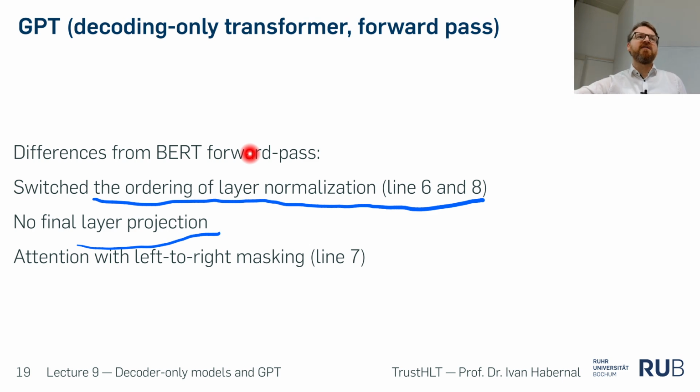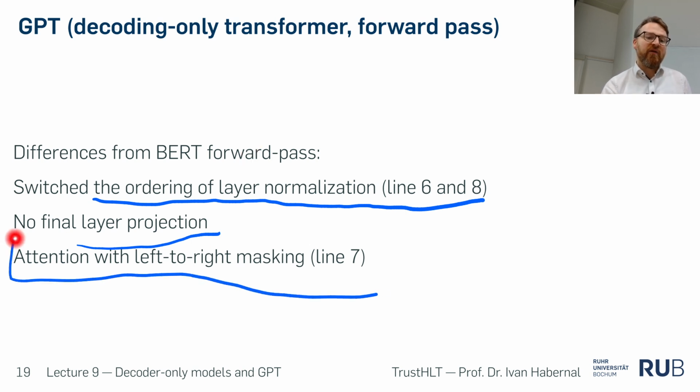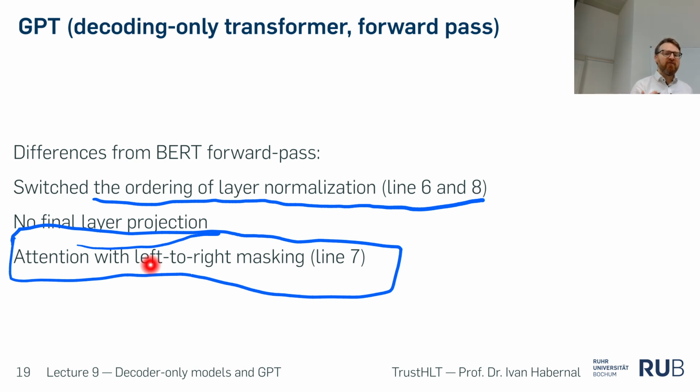And after the last layer, we do the projection to the vocabulary. And of course, the biggest difference is the left to right masking for GPT, for the decoder-only transformer, in contrast to the masking in between for BERT.